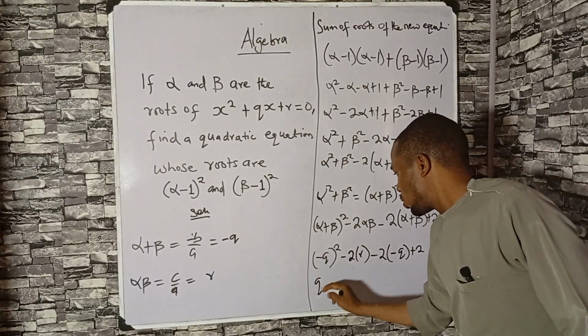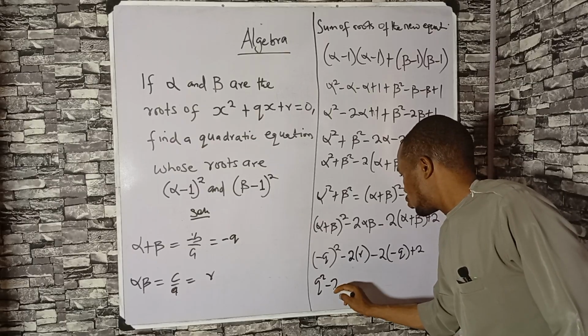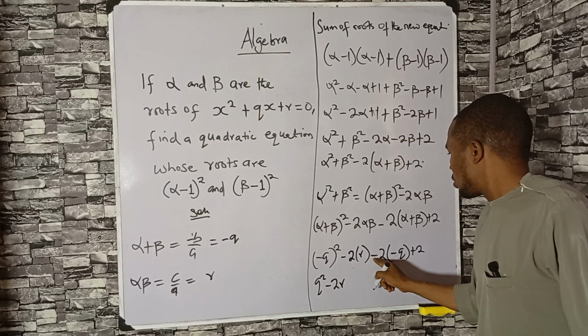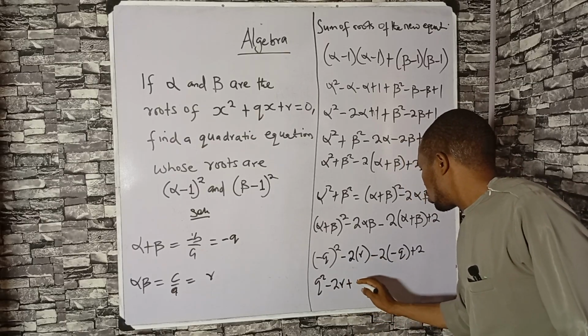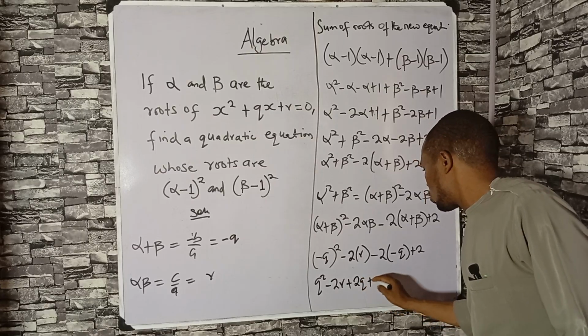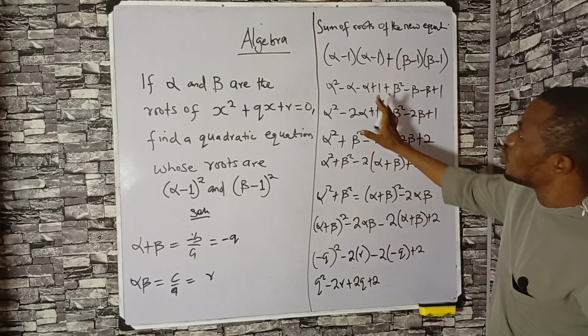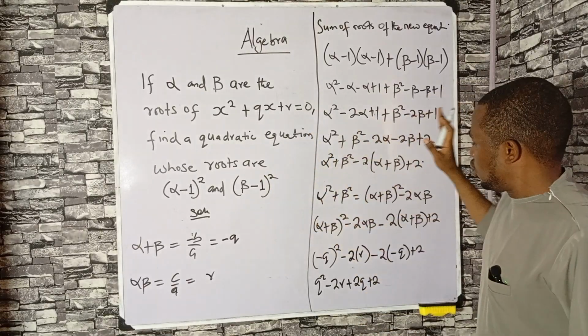So here is q squared minus 2r, and minus times minus is plus, so plus 2q plus 2. This is the sum of roots of the new equation.